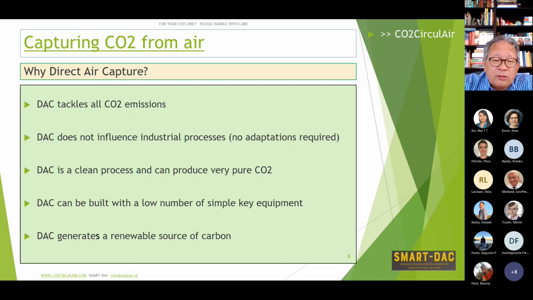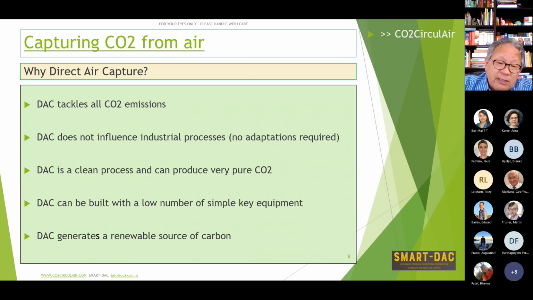Although the concentration of CO2 is much higher, so it's simpler to absorb CO2, it's also simpler to absorb impurities, and each capture plant should be designed from scratch, as the composition of the feed is different for each plant.